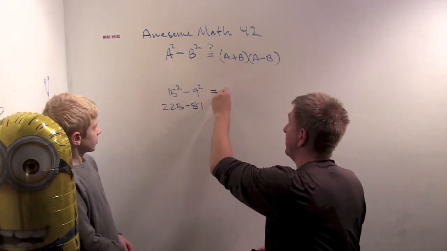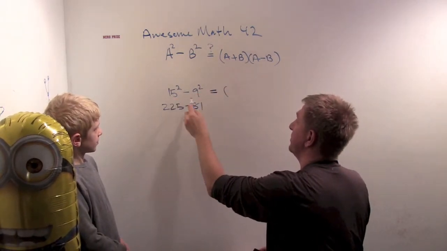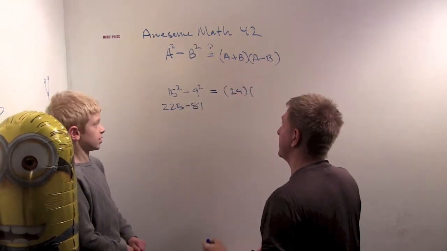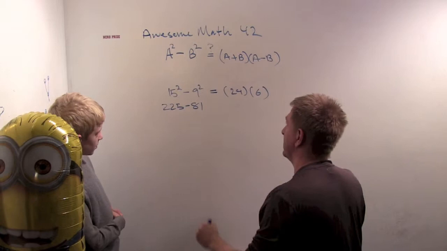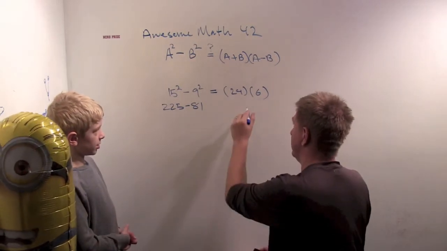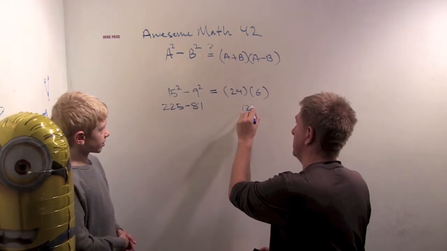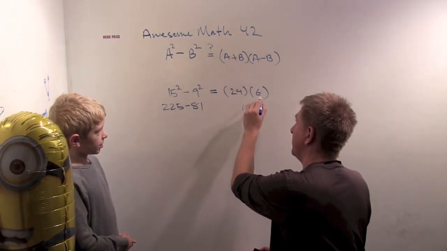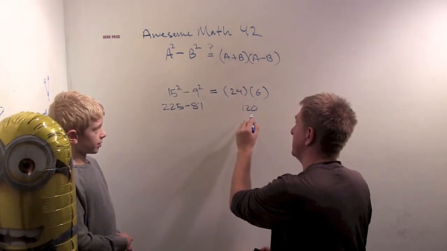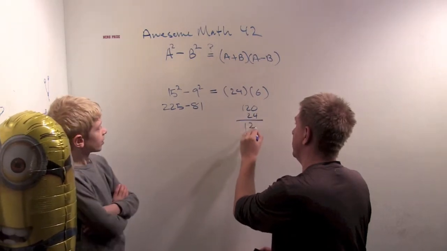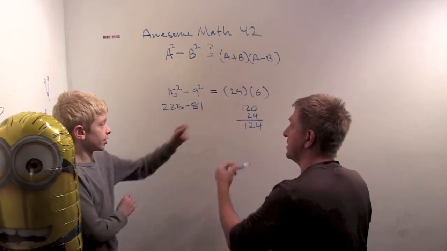Well, over here we have 15 plus 9, which is 24, times 15 minus 9, which is 6. 24 times 6, that would be 150 minus 6. 144.